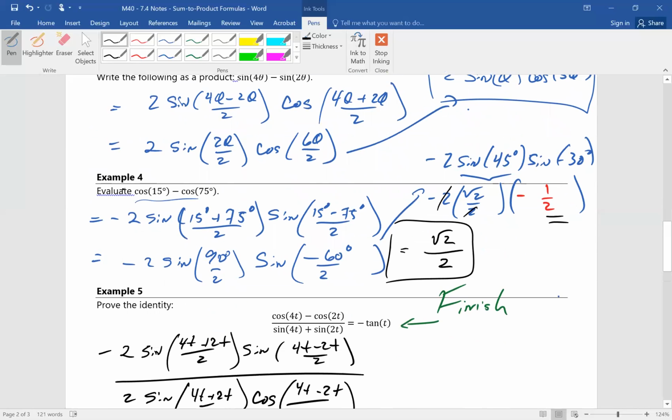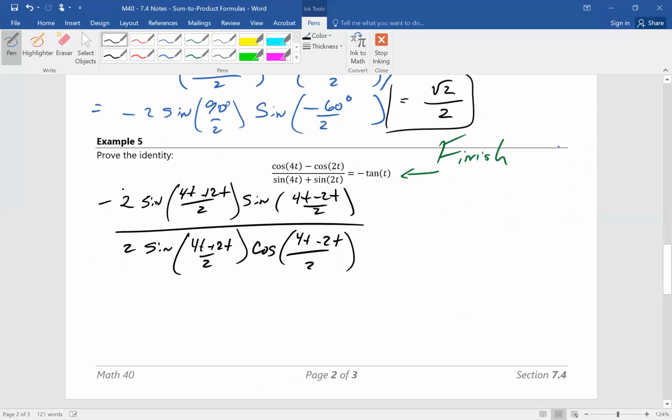And once you're done now, start reducing some things. Now check this out. This whole quantity here, because it's all multiplicative, can go. This 2 goes with this 2, and I'm going to end up with negative. Well, check this out. I have sine of the angle, which is the same thing as the sine of the angle. 4t minus 2t is 2t.